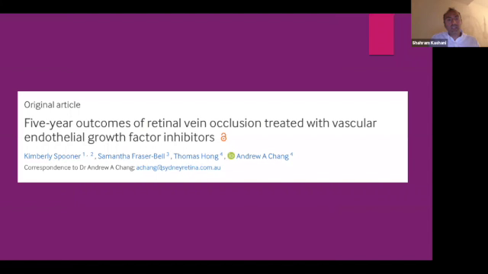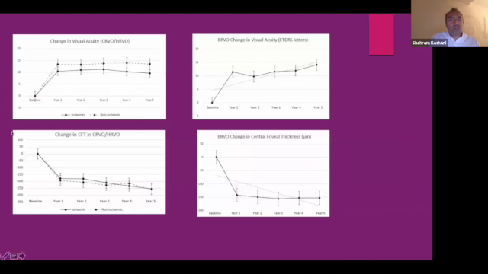So what about 5-year outcomes with retinal vein occlusion? Well, this shows you a very nice picture over 5 years of changes in visual acuity, which you can see you can gain up to 10 to 15 letters of vision, even in ischemic ones. So ischemic vein occlusion doesn't mean you can't treat them, it just means the prognosis is more limited.